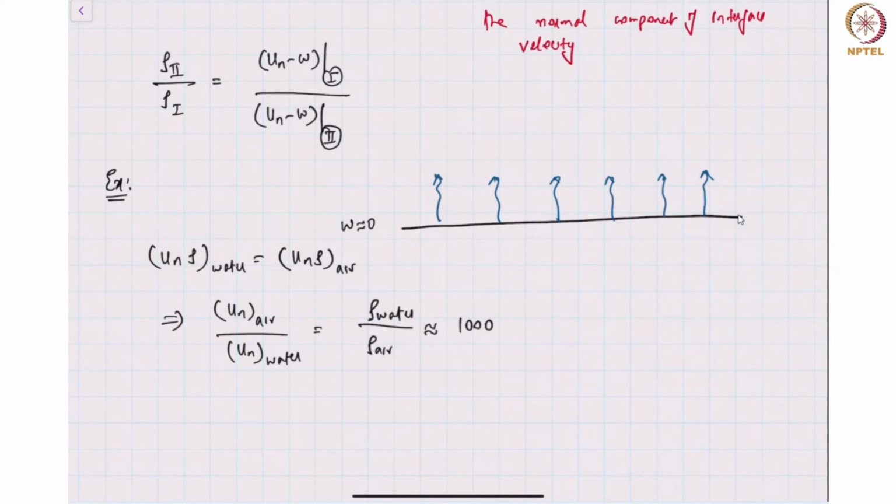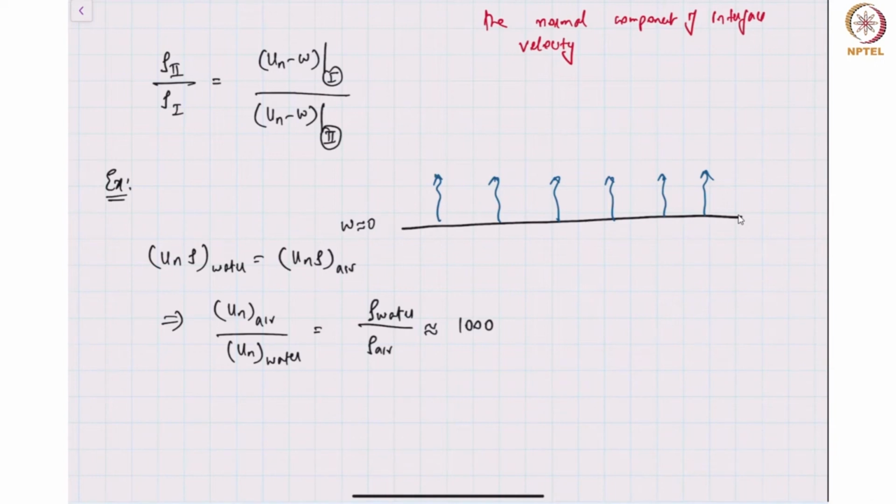So it says that when evaporation occurs, the water vapor travels at a speed of close to 1,000 times more than the speed at which water is getting carried to the interface, because the densities of the two media are so different.